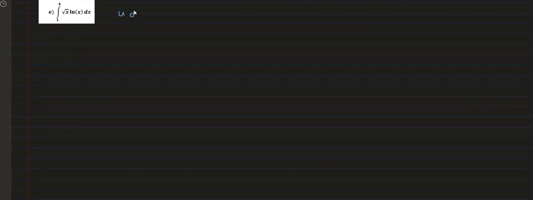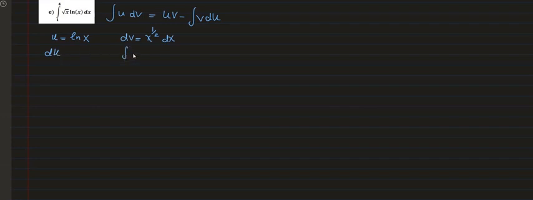We need to choose u and dv, because this integration is going to turn into uv minus the integration of v du. Now the u is the ln x, we have no other option. The dv is the root x, which we can write as x to the power of half directly, dx. Now here we differentiate and here we integrate.